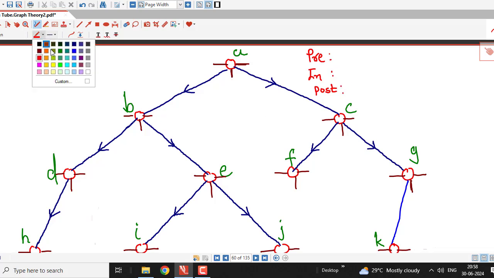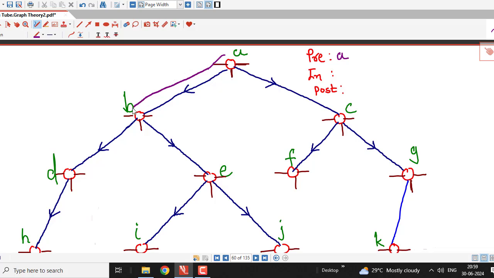And I start that curve from vertex A. So A is the starting point, and if we start with vertex A, then it will touch this line, and this corresponds to pre-order. So I will write down vertex A here for pre-order. Then we go in this direction.